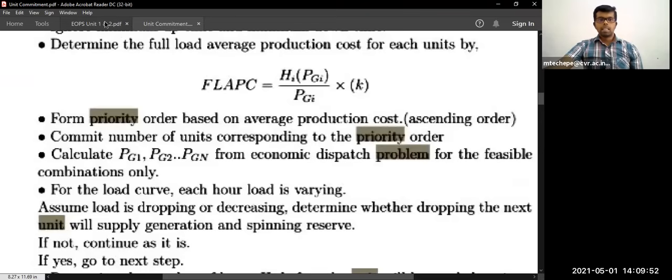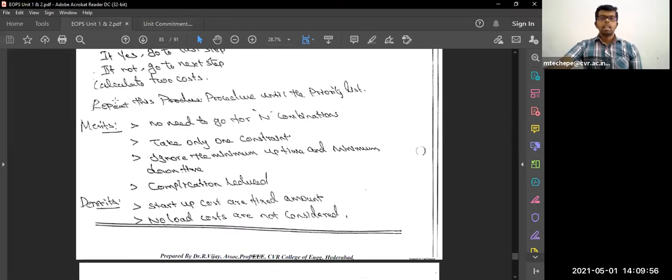Next we'll see the merits and demerits, or limitations, of the priority list method for solving the unit commitment problem. There is no need to go for n combinations.